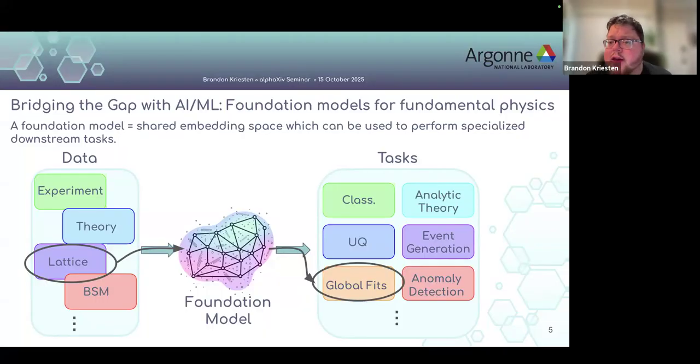Maybe you want to do EFT related studies. And the foundation model ingests this information, and then we can perform a whole series of tasks such as classification, uncertainty quantification, anomaly detection, which I have a whole separate talk on, but that's not what I'm going to talk about today.